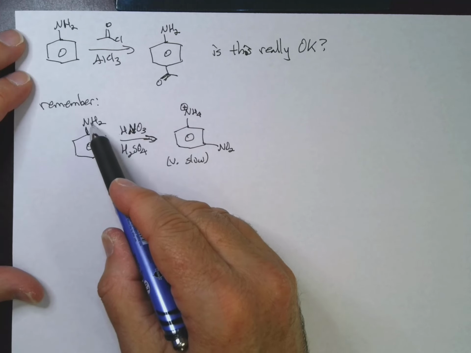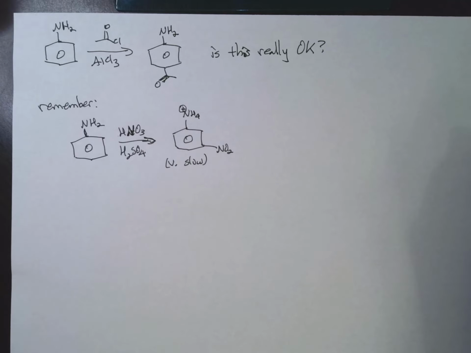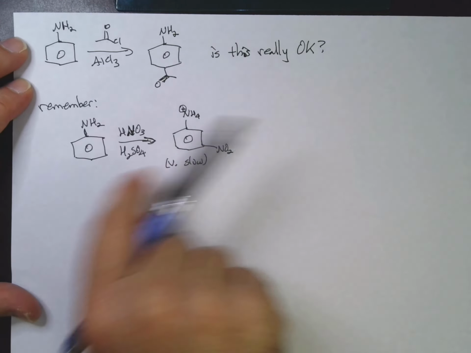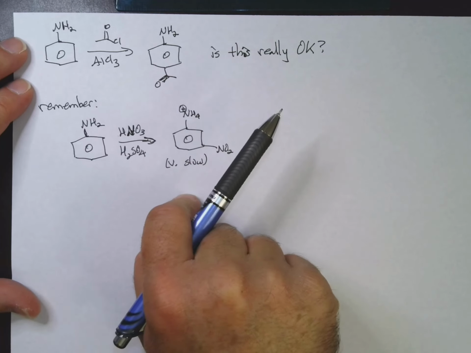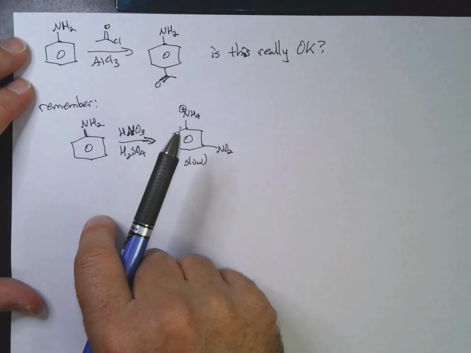Remember, aniline is a base, so it will get protonated by an acid. I did kind of harp on this a little bit back in chapter 16. In fact, I think I had you draw the mechanism for this reaction and explain why you got this instead of an ortho-para.